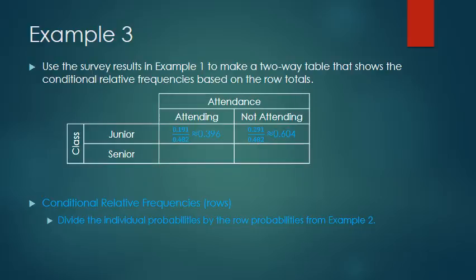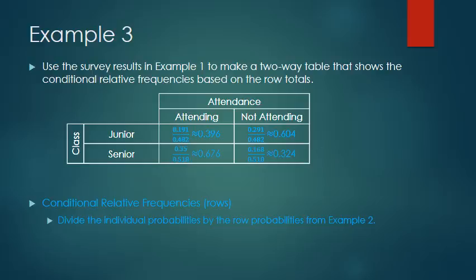So in this first row, I took each of the numbers that were already in the table, the individual probabilities, and divided them by 0.482, because 0.482 was over here as the row probability. And similarly for the second row, I take the numbers in that row, but now I'm dividing by 0.518, because that was the row probability for seniors, or the percentage of seniors in the survey.